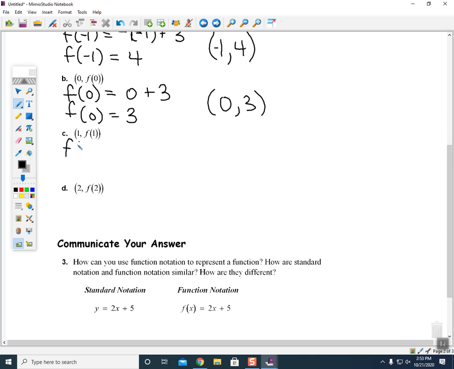So I've got f of 1 equals -1 plus 3, because I have a negative x as my function. So -1 plus 3 is a positive 2. f of 1 equals 2. So my point for this one would be (1, 2).